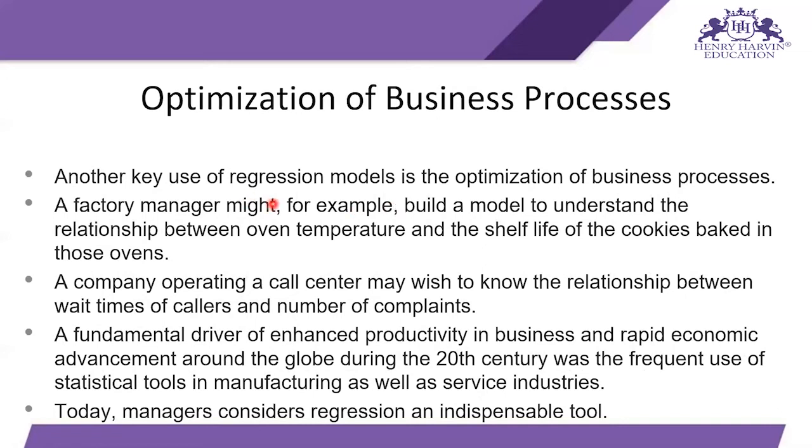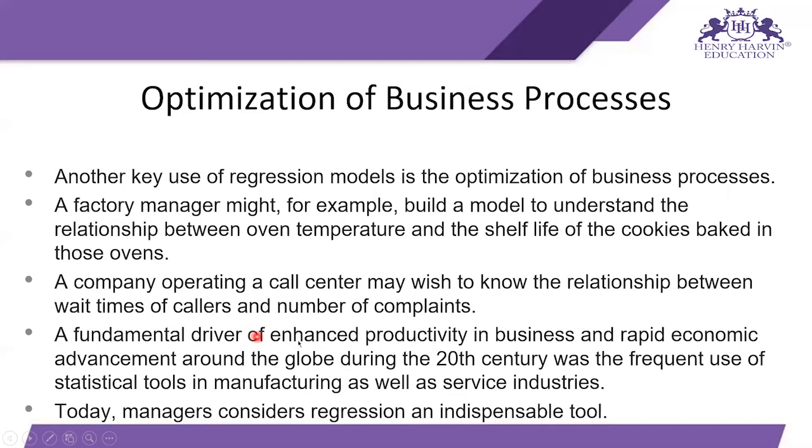Optimization of business processes. Another key use of regression models is the optimization of business processes. A factory manager might, for example, build a model to understand the relationship between oven temperature and the shelf life of cookies baked in those ovens. A company operating a call center may wish to know the relationship between wait times of callers and the number of complaints.